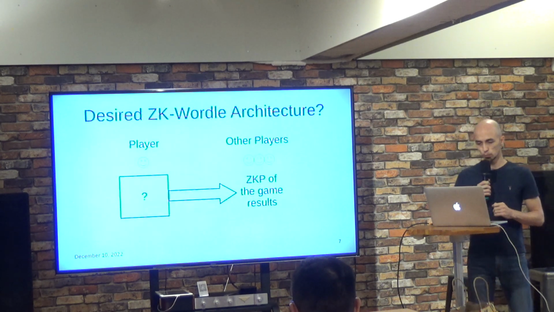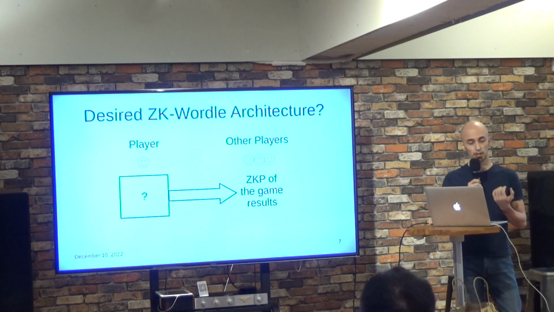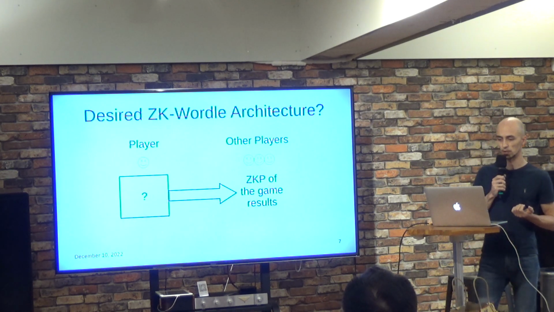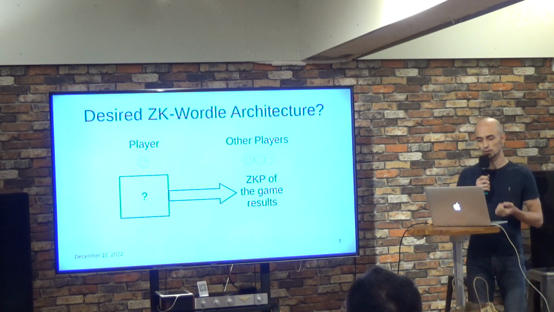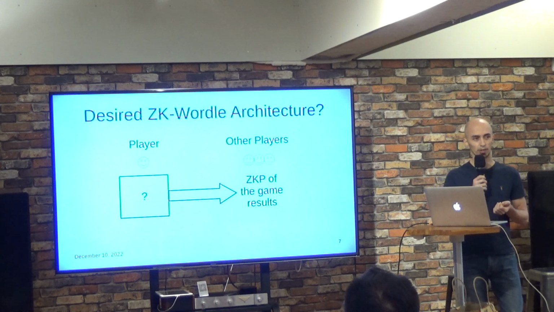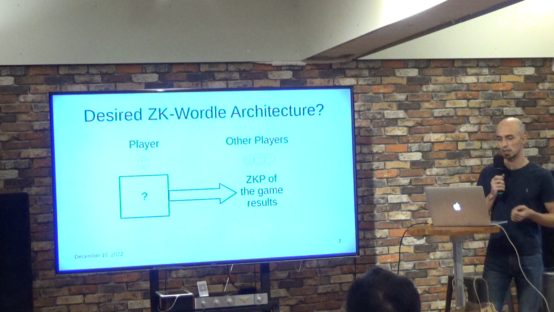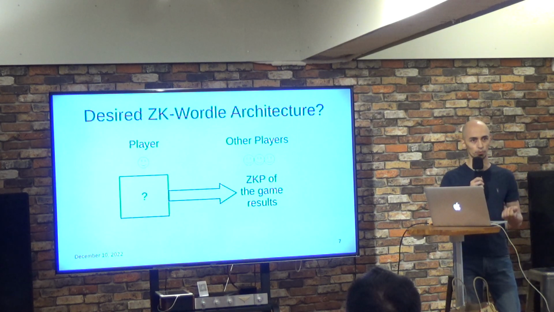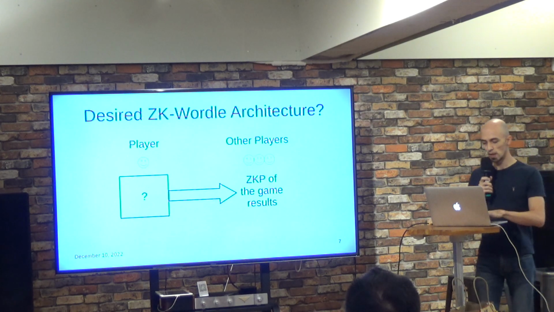And if we think about a desired architecture of our resulting app, then maybe it's a good idea to share a zero-knowledge proof with other players instead of sharing plain text results that can be edited. If we share the proof, then probably it will be reliable enough.